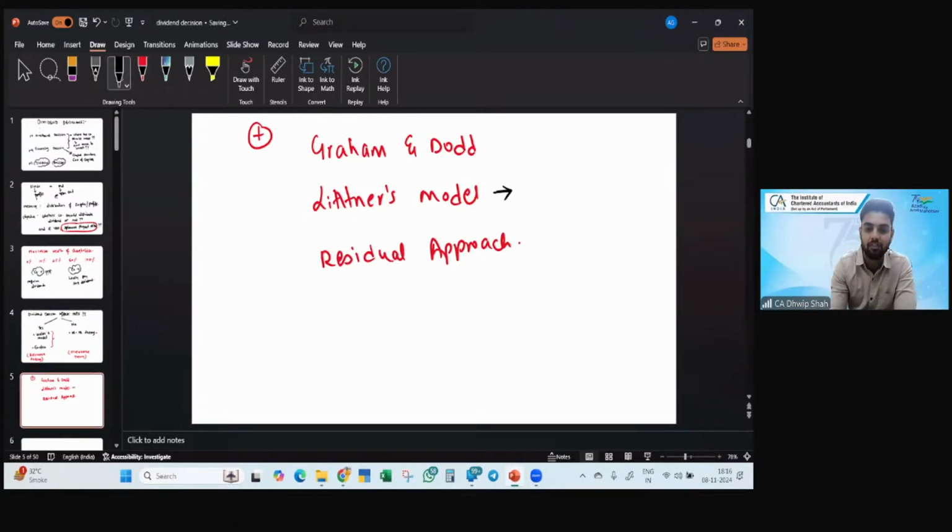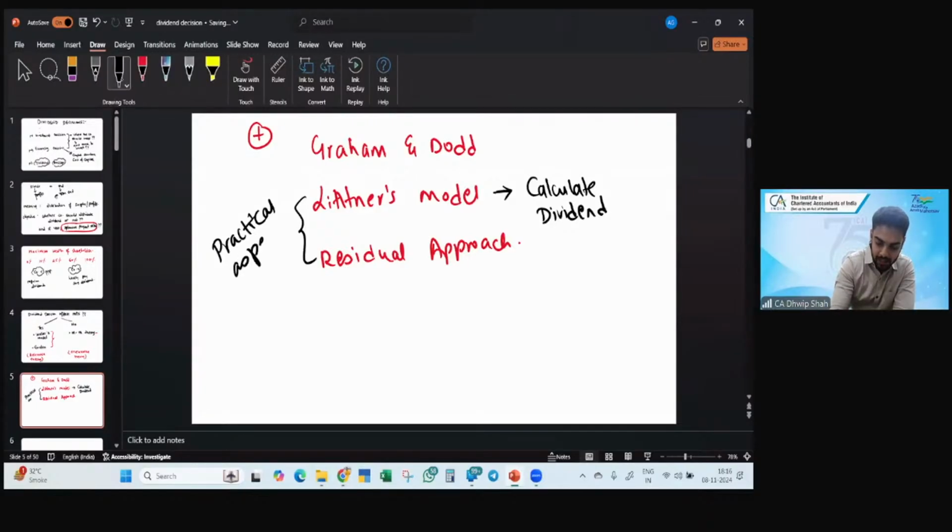Lintner has given a formula to calculate the dividend to be distributed in the current year. Lintner and residual approaches are more on practical aspects. They are of the opinion about what the current year's dividend should be that the company declares.